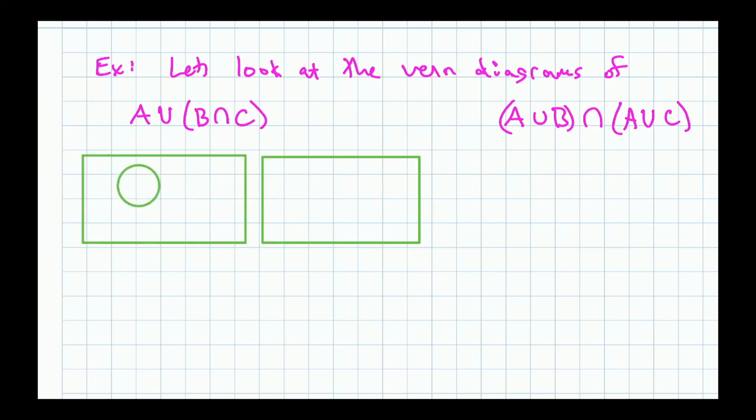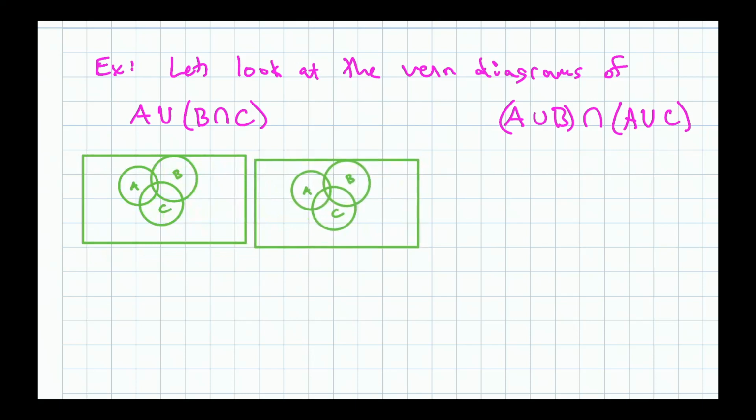So let's call that A, then call that B, bigger, and then let's call this C. So we have A, B, C, and I just realized that I don't want to have to draw this again, so I'm going to just copy it, duplicate.